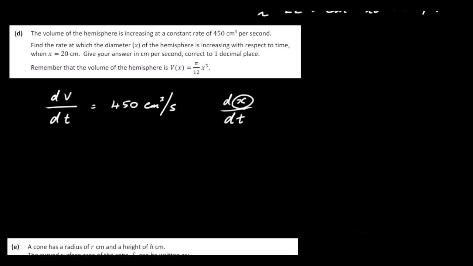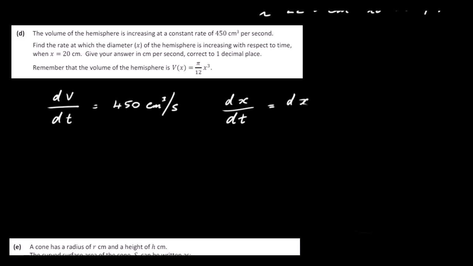That's the rate at which x is increasing. Now we're going to have dx here and dt here, and we've got to just work out what we're going to put here. But if you look here, we've got a dv/dt. So if we put a dv there, we have our dv/dt, so we've got to put a dv here, so it'll cancel if you like to give us our dx/dt.